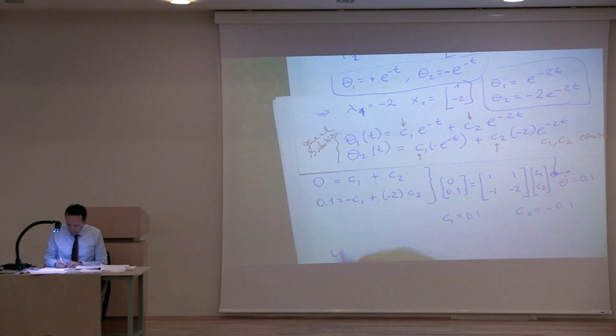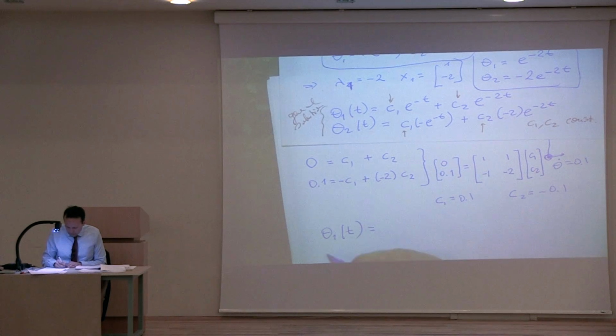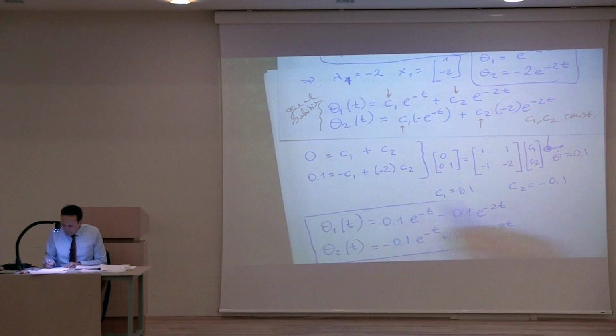What is it? It's theta 1 of t. After all this work, I have a solution for theta 1 and theta 2. Theta 1 is 0.1 e to the power minus t minus 0.1 e to the power minus 2t, and theta 2 is minus 0.1 e to the power minus t plus 0.2 e to the power minus 2t. So that is finally my solution.